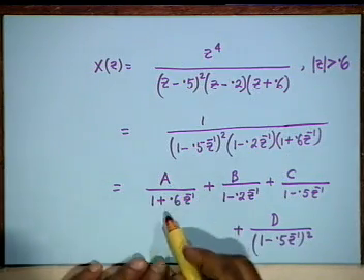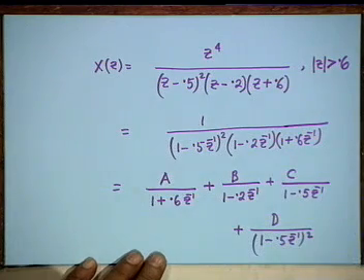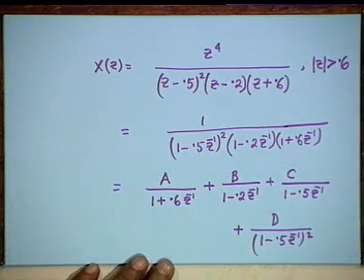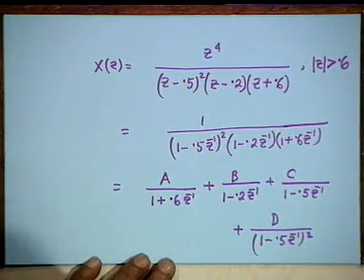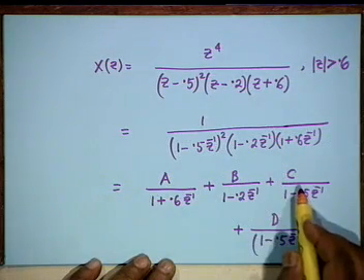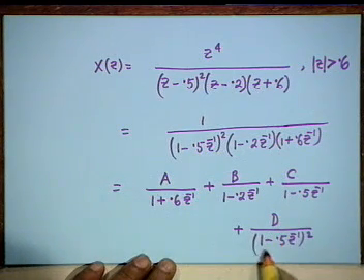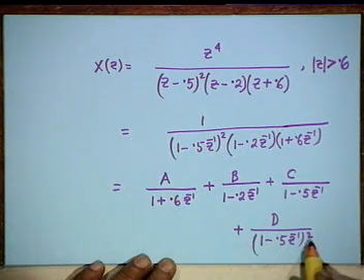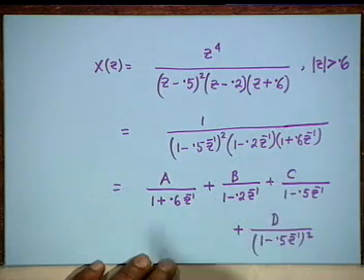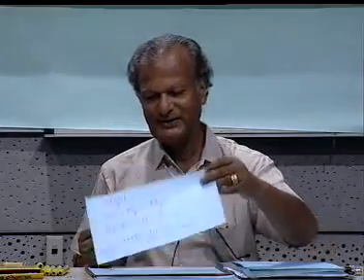Capital A is 1 plus 0.6 z inverse multiplied by this with 0.6 z inverse equal to minus 1. Similarly, you can find capital B, and C is the problem, D is not the problem. D you can calculate by multiplying both sides by this and putting 0.5 z inverse equal to 1. Okay. I have done this and the results are as follows.